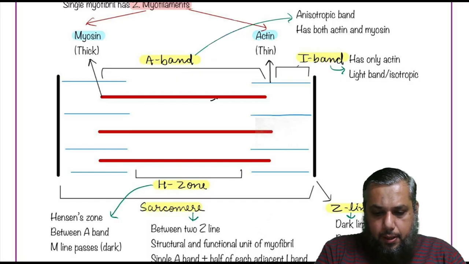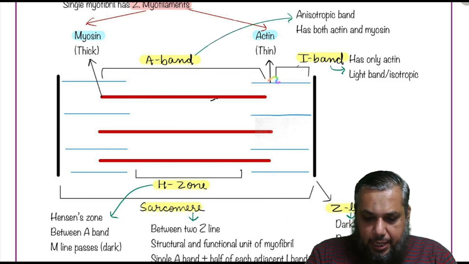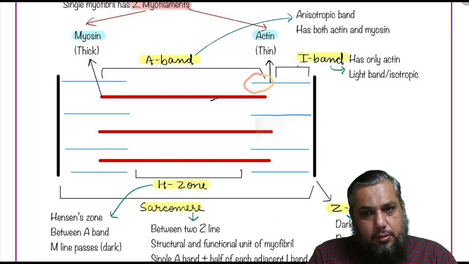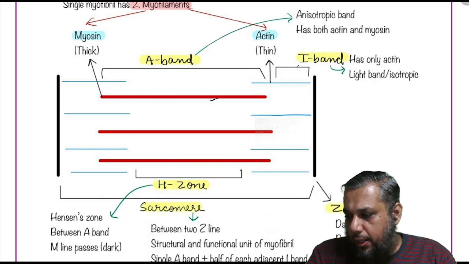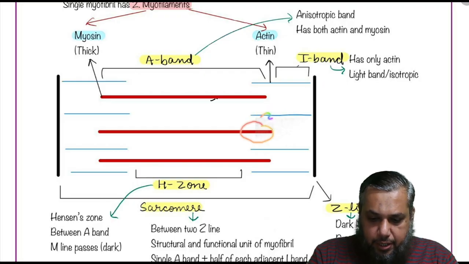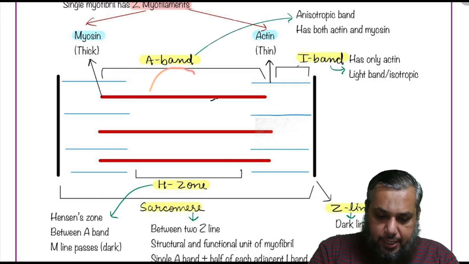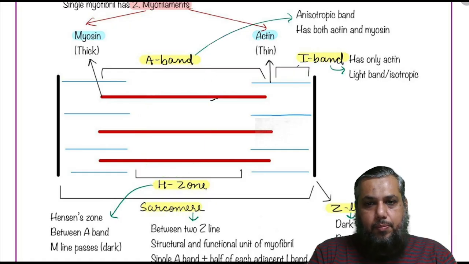And in a resting state, we find that the edges of the thin filament partially overlap the free ends of the thick filaments. ये जो thin filaments की edges हैं, वो thick filament के free ends को partially overlap करती है, leaving the central part not overlapped.